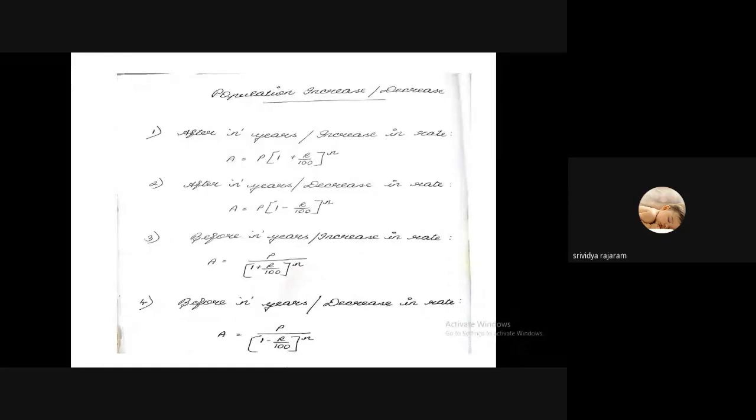So these are the four simple formulas you can keep in your mind. You can remember easily. After n years means it is the same as the compound interest formula, that is P into 1 plus R by 100 whole power n. If it is increasing, we are going to add R by 100. If it is decreasing, we are going to do 1 minus R by 100. In the other way, if they are asking us to find the population before n years, we are going to divide A by 1 plus R by 100 the whole power n.